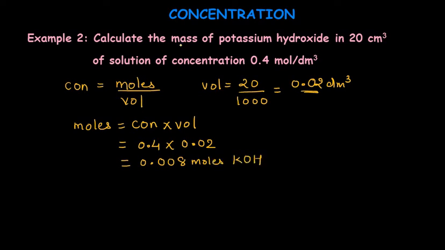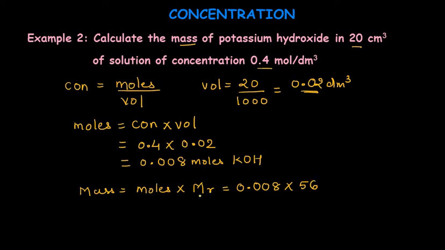Now we are supposed to calculate the mass of potassium hydroxide for this volume and concentration. So the formula to calculate the mass is moles multiplied by the molecular mass of potassium hydroxide, and substituting the values we have, 0.008 into the MR of potassium hydroxide, that is 56.